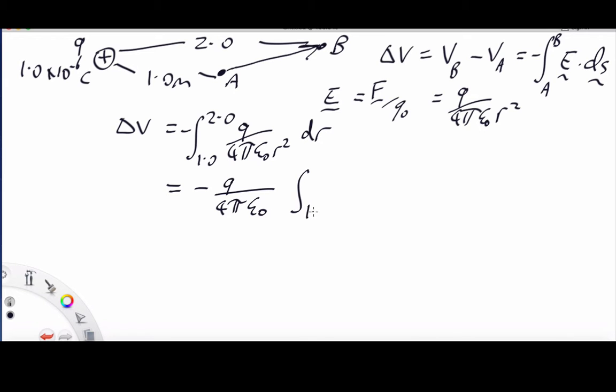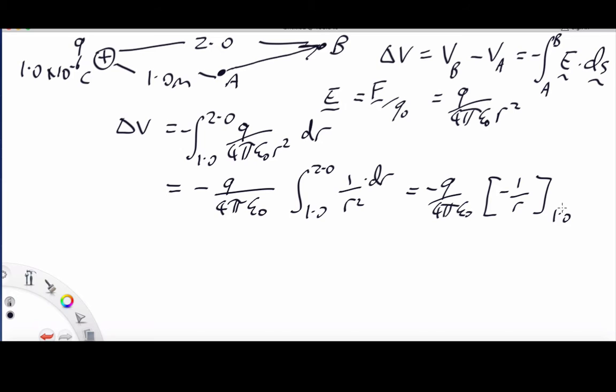And we're now integrating 1 over r squared dr. And that will simply be minus Q over 4 pi epsilon naught. The integral of 1 over r squared is minus 1 over r. And that is evaluated going from 1 to 2 metres.